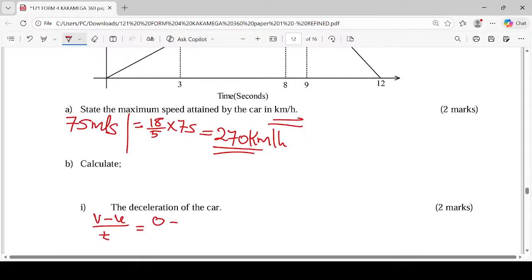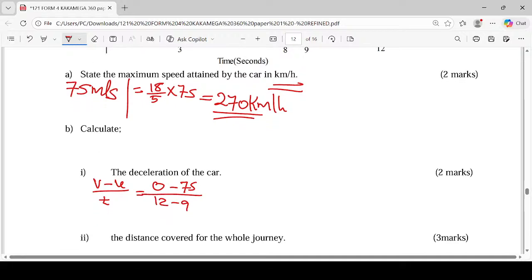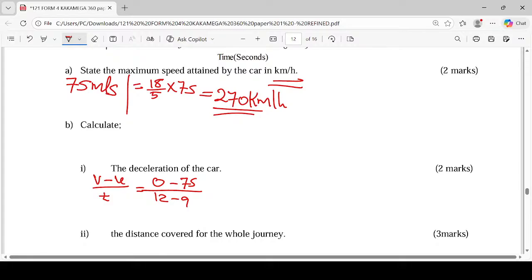So that is minus 75 over the change in time, which is given by 12 minus 9.